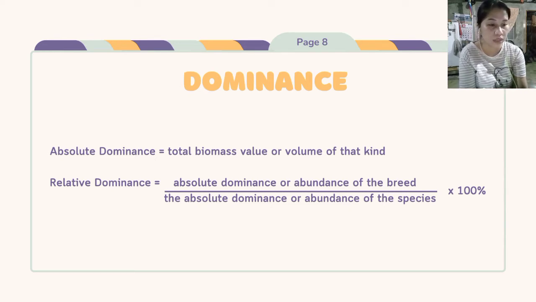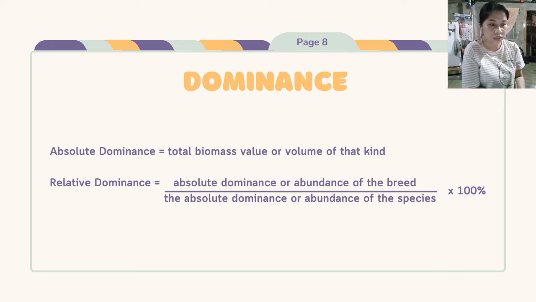And to get the relative dominance of that organism, we have to divide the absolute dominance or abundance of a specific organism or species by the absolute abundance of all species in the area. And the answer for that will then be multiplied by 100. That is the percentage of the relative dominance. For example, we have the nut grass or the Cyperus rotundus.